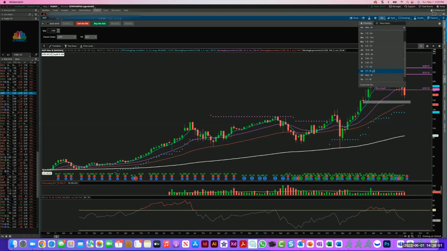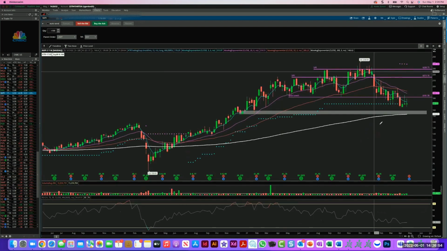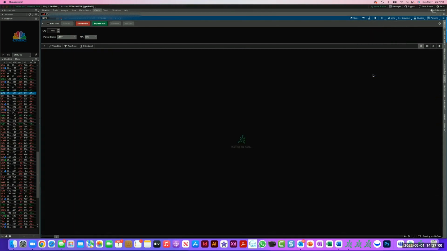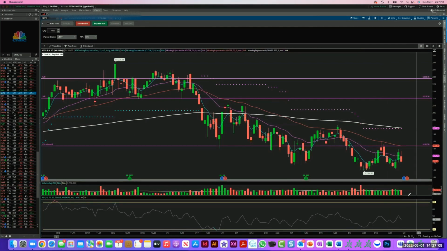If we go to the weekly, it's essentially saying that it is not quite oversold yet, because it would fall below this 30 and turn red. And if we go to the daily, it has more room to fall as well.